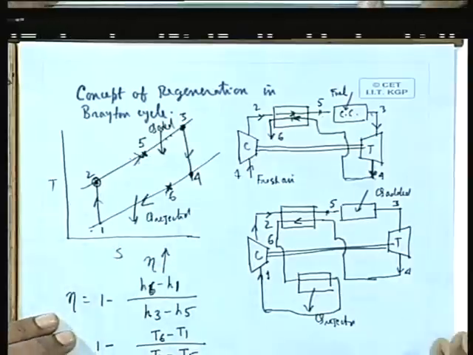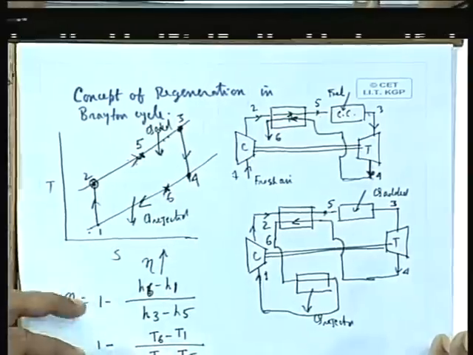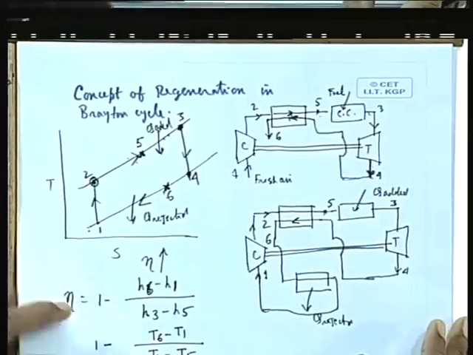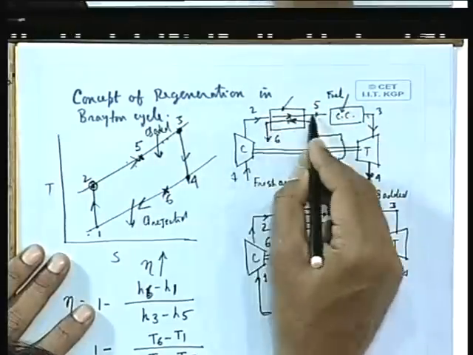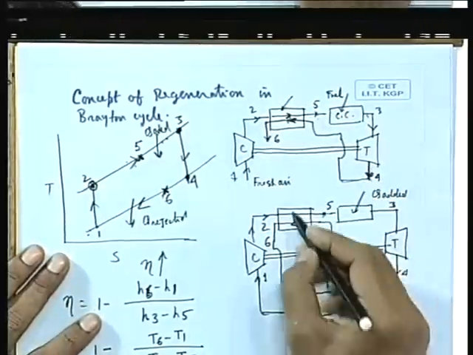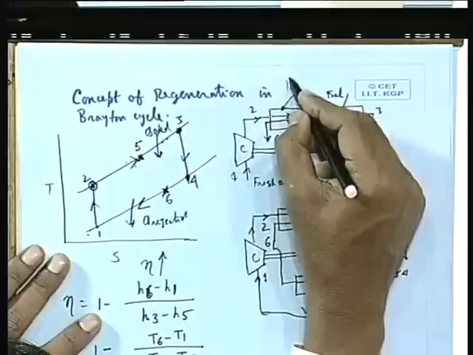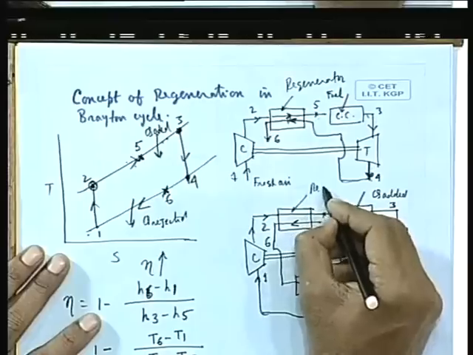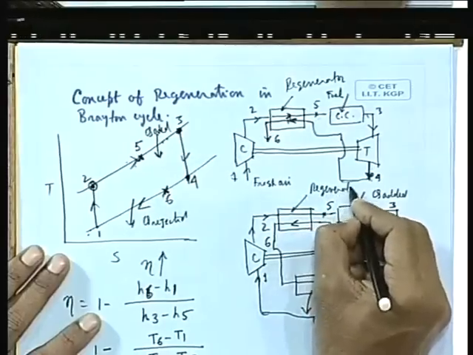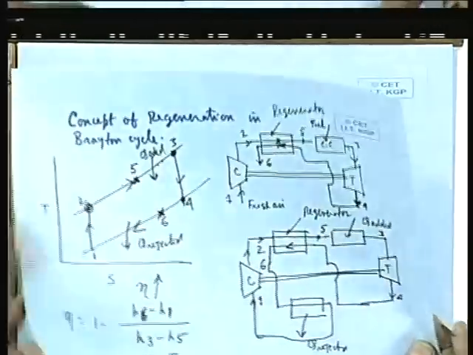So, this way the efficiency is increased, and this is the concept of regeneration in the Brayton cycle. And this is the heat exchanger where air is heated with this fluid at 4; these heat exchangers are known as regenerators. They work on the principle of regenerative heat exchange.